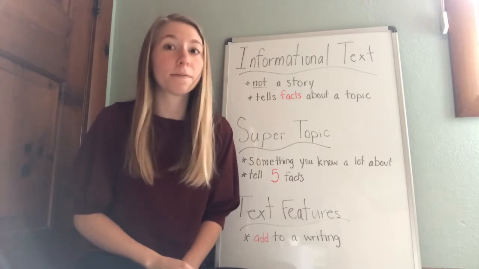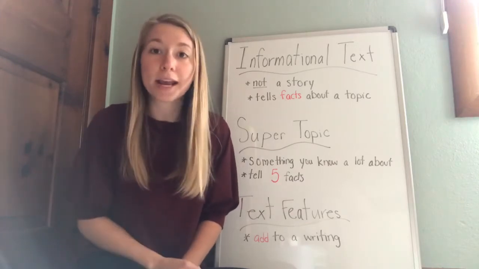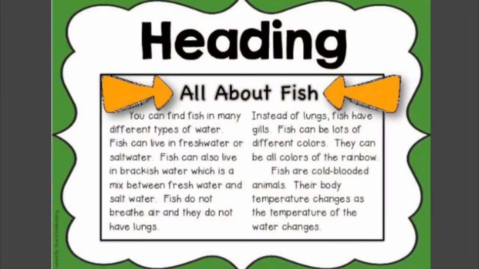So let's look at the first one, and then I'll show you how I add it to my writing. So a heading is one text feature, and we're going to talk about the heading first. So if you look here, you can see those bolded or those big words up at the top of the page, and they are going to tell you what the page is telling me about.